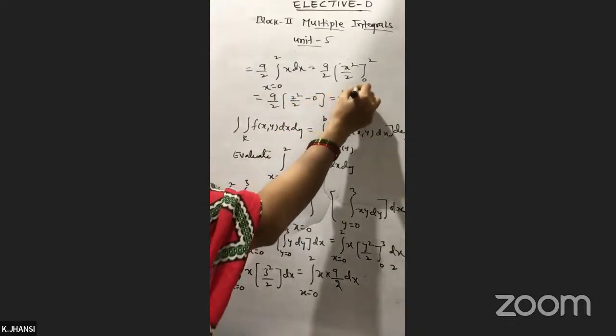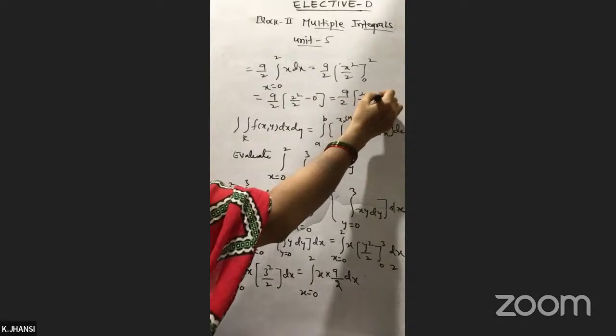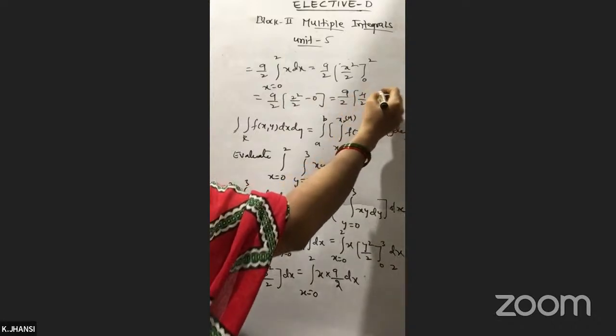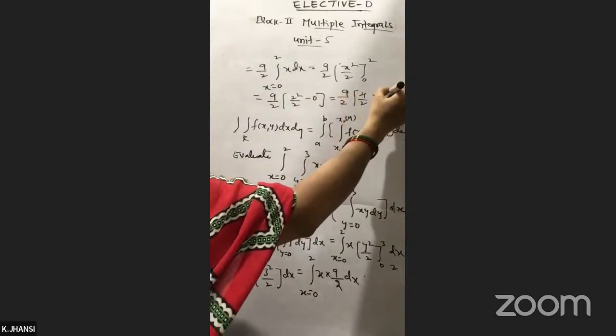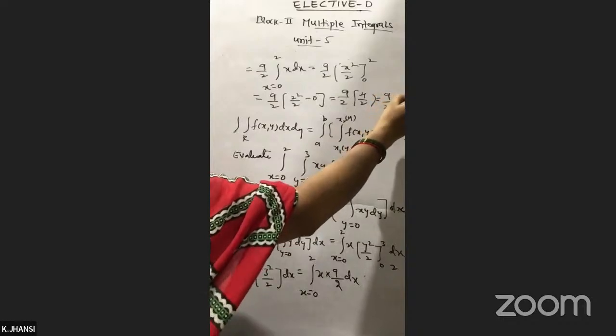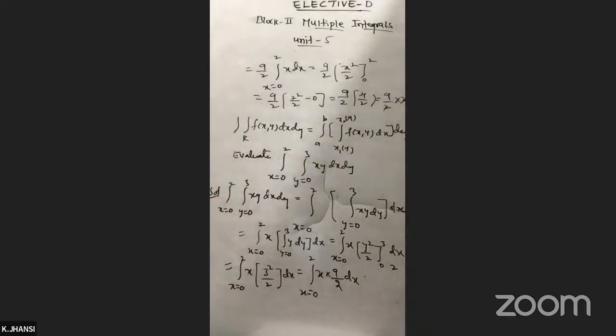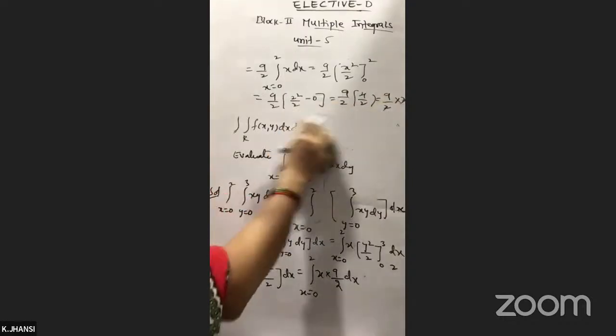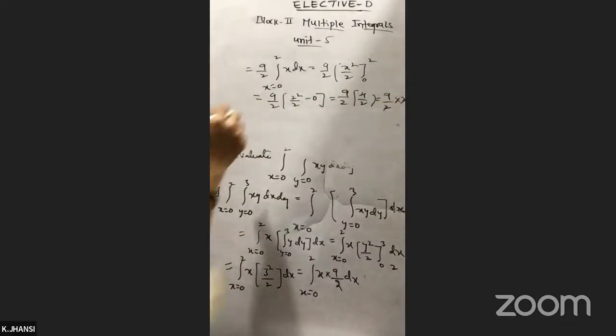That is 9 by 2 times 4 by 2, which is 2, and the 2 gets cancelled. So the value is 9. So the value of the double integral of xy dx dy, with x from 0 to 2 and y from 0 to 3, is 9.